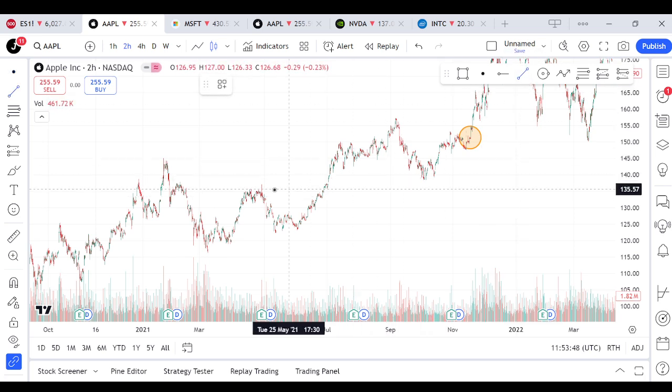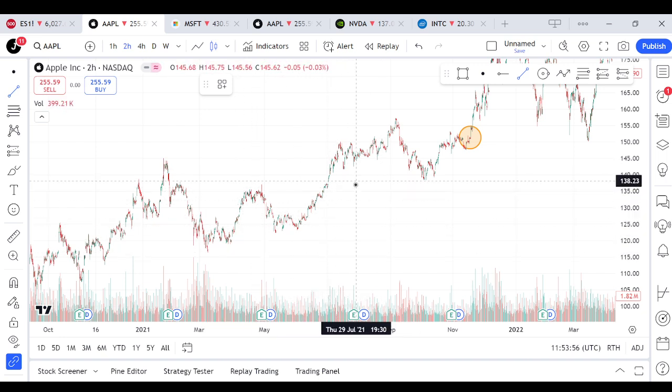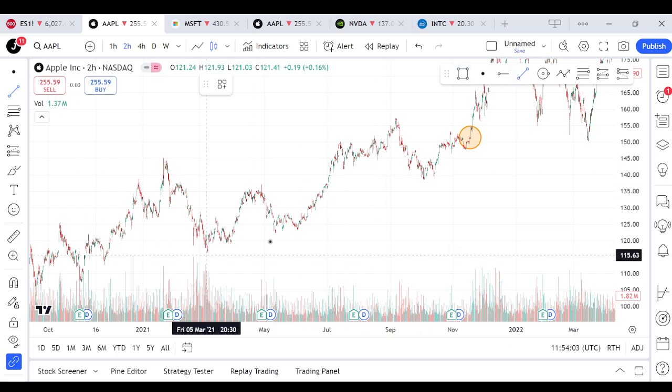Look at the market and identify the overall trend. Are we bullish or are we bearish? In this case, we are looking for bullish trend continuation candlestick patterns, so we should be looking at a bullish trend, and you can see a clear bullish trend right here.